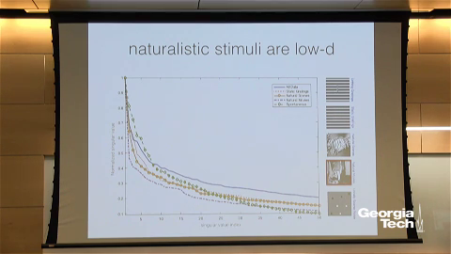This was at least a starting point for us to dig into this a little bit further and try to understand what's going on within these populations when neurons are actually exposed to these naturalistic movies. And these other ones still do have some decay in them, but we don't see as much of this low dimensional structure popping out. So we're going to focus on the natural movie class in this case.